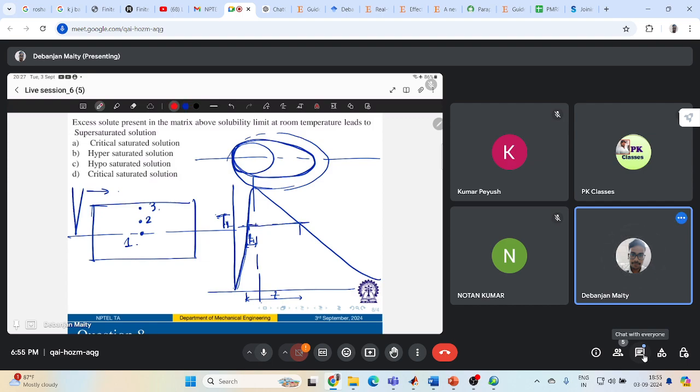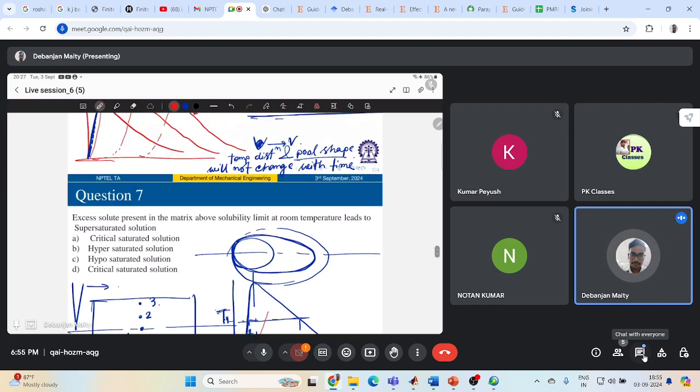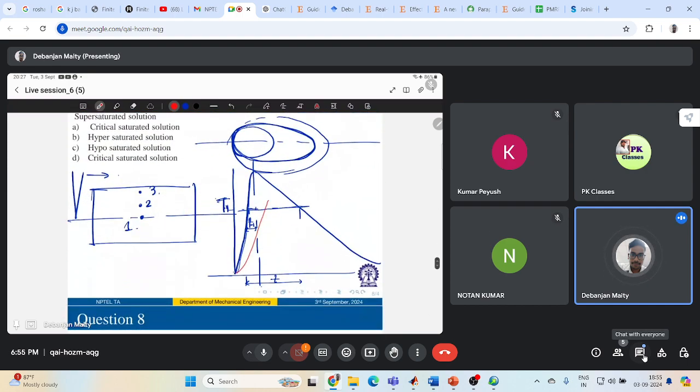Now this is T1. What will happen to point 2? This will be the next peak temperature. But if you see, there will be a certain lag before it achieves the peak temperature, and also the temperature will be a little less, and there will be a change in the cooling rate.